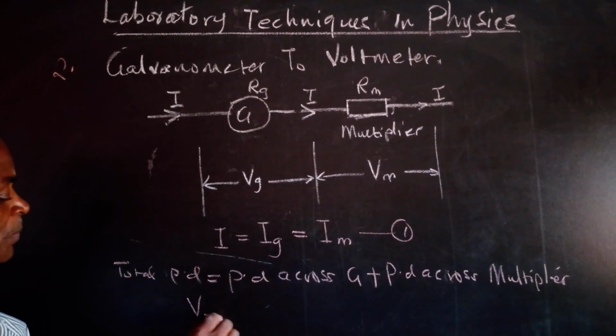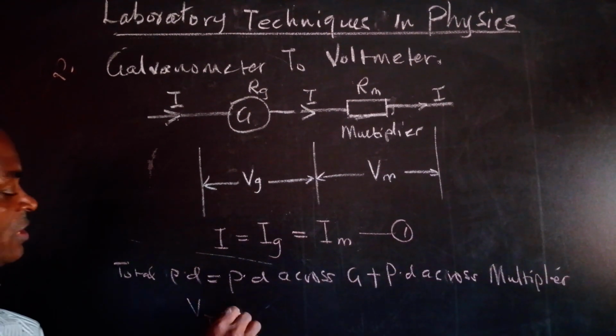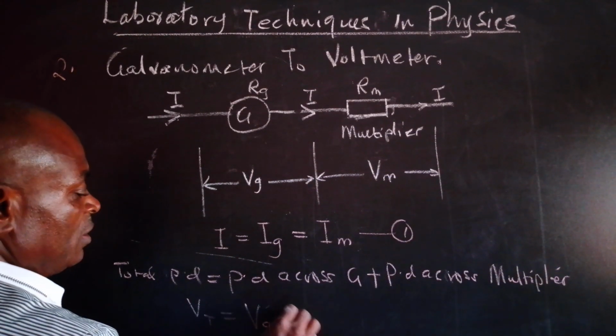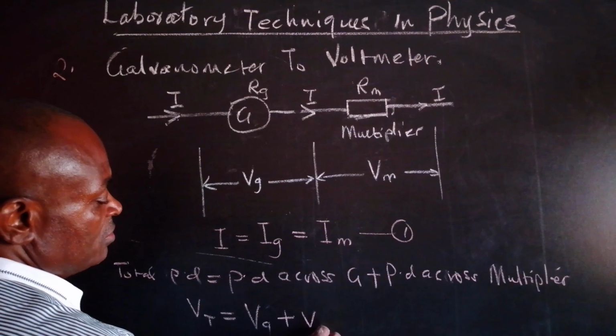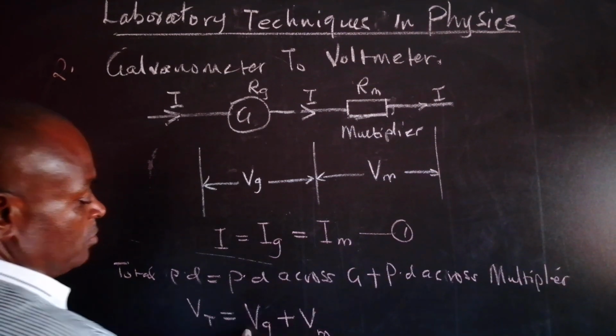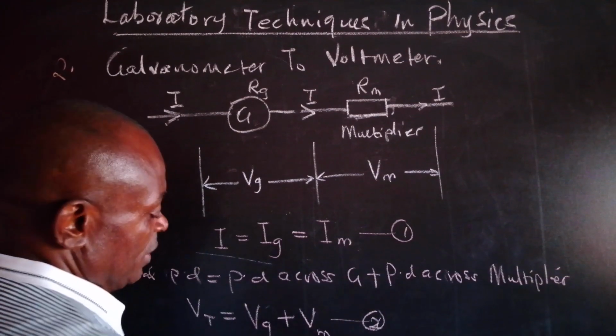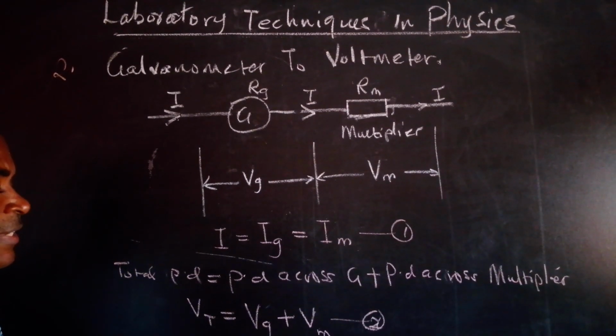So if our total PD is V subscript T, then we have PD across the G, then we have PD across the multiplier. So the equation is simply like this. You can call this one our equation 2.